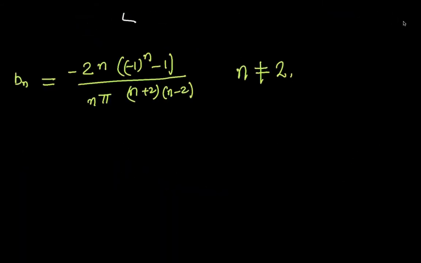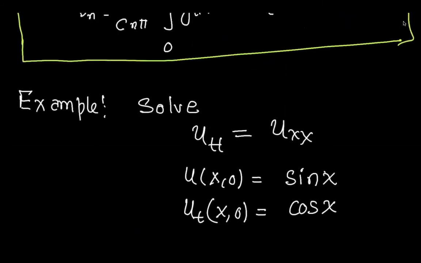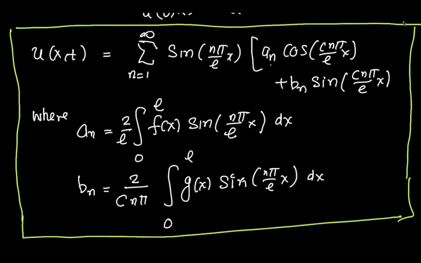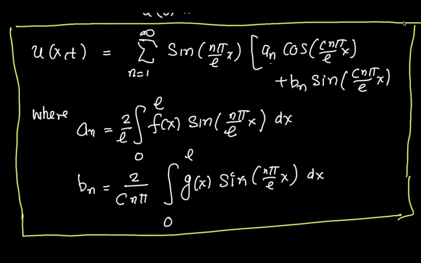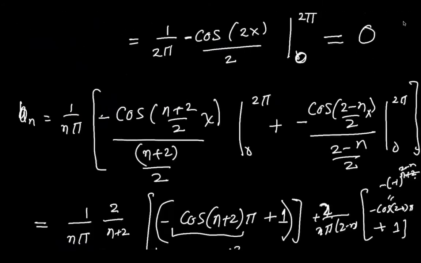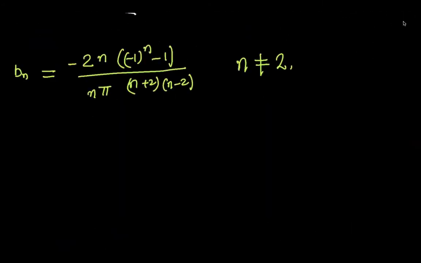Now I need to go back, what was the solution? I think this is the solution, so why not just copy and paste it. That is the separation of variables technique, and the solution in that situation is this.